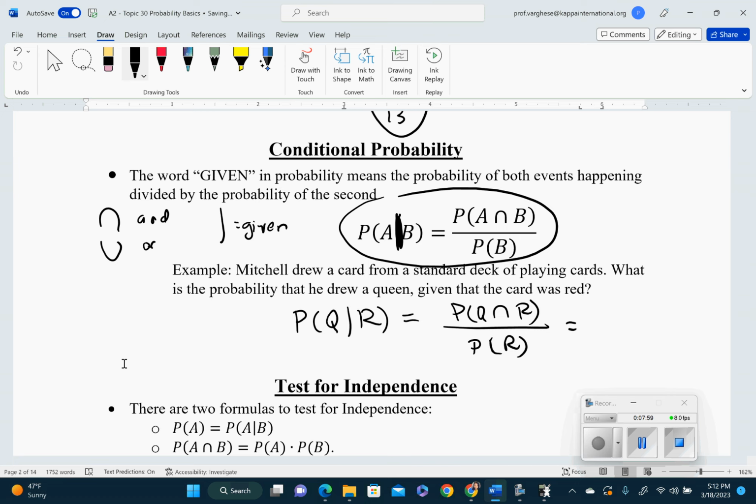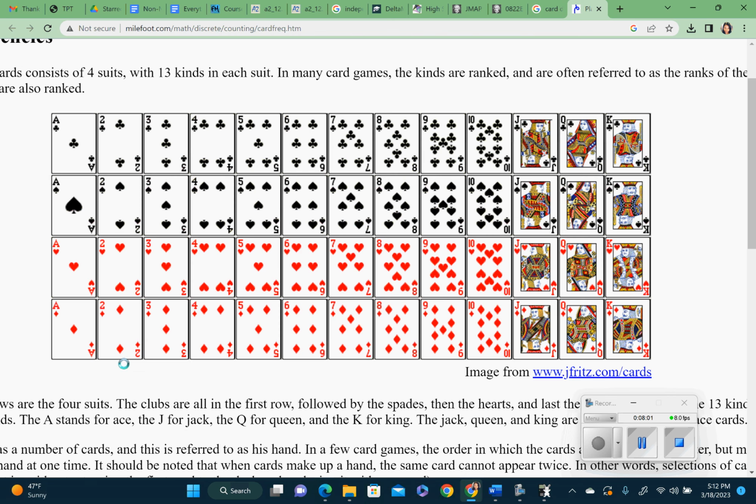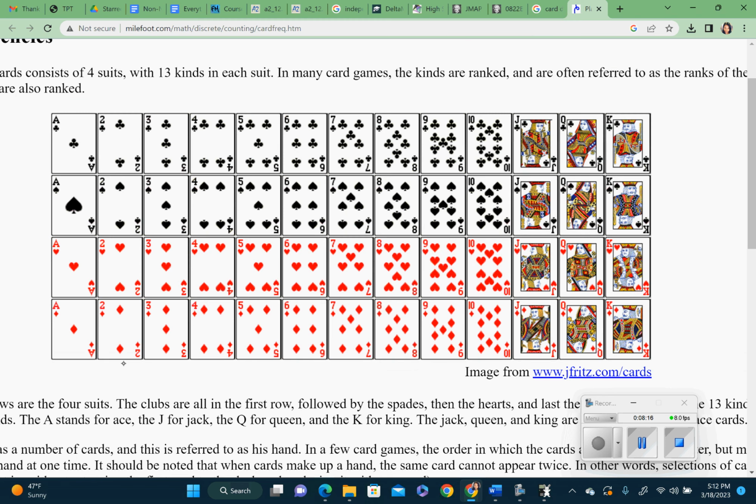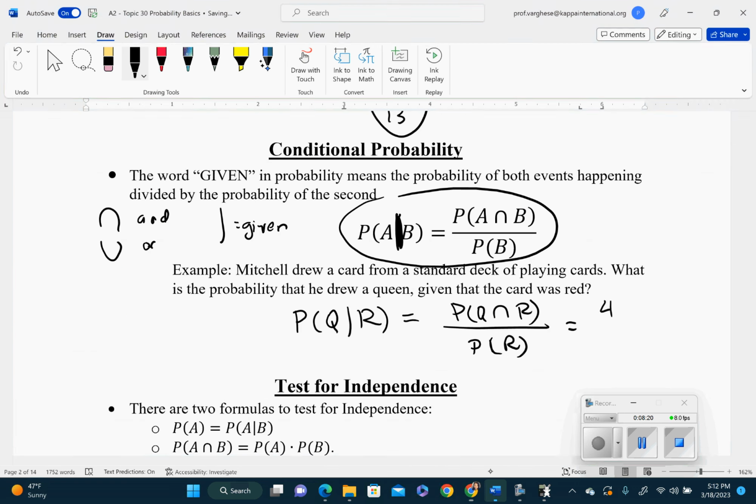Okay, so let's look at this. Queen. How many queens are there in our deck? Right? So there are 4 queens in our deck of cards. So 4 of them are queens and red, right? So it has to be red queens. So if I go over here, there's only 2 red queens. So I'm going to change that to a 2.